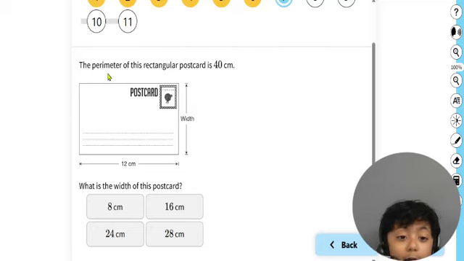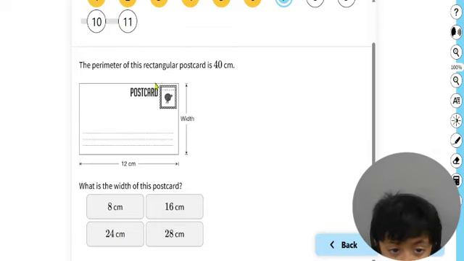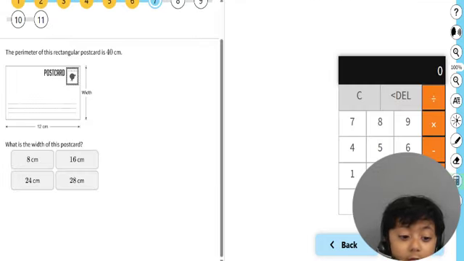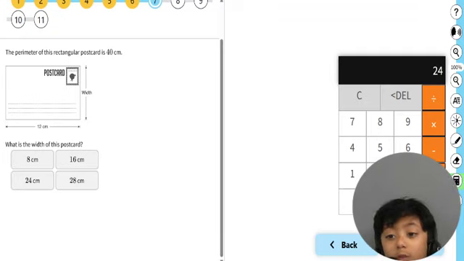The perimeter of this rectangular postcard is 40 centimeters. What is the width of this postcard? We know that this and this are both 12 centimeters. If we add 12 plus 12, we get 24.